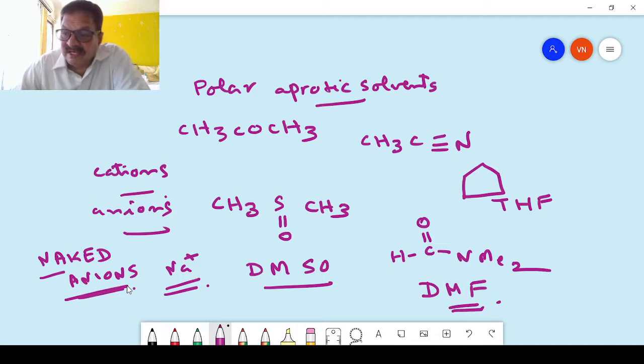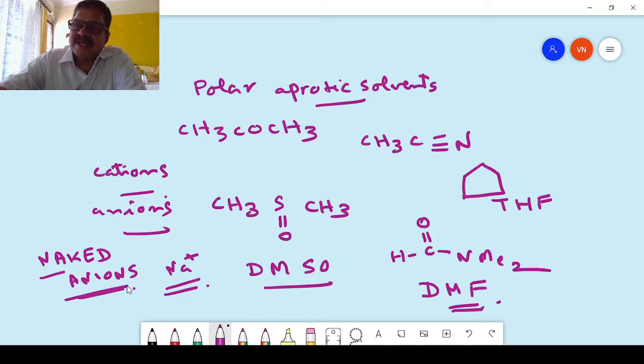There is no need to consider whether the solvent molecules are more effectively hiding one anion from the other, and all this kind of thing. That kind of comparison is not warranted in this case. Now let us see another important point here.